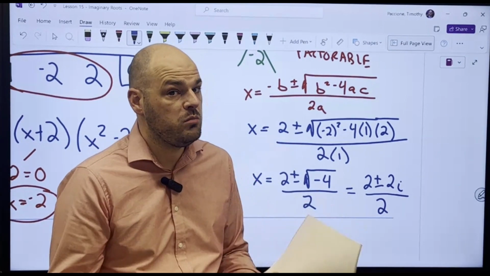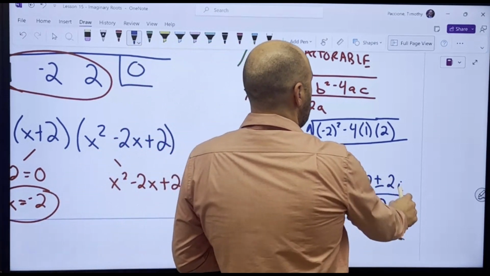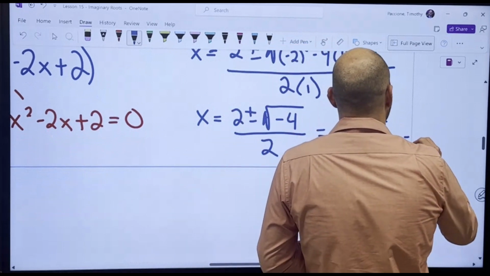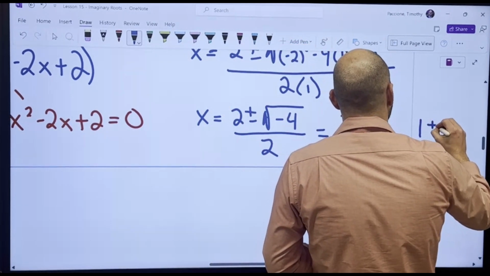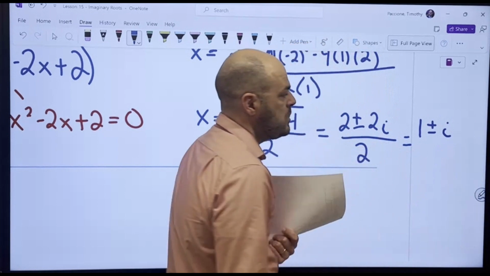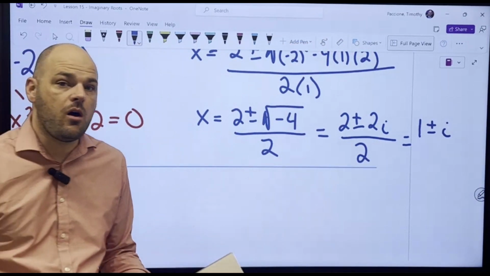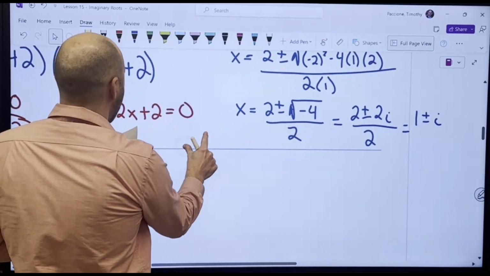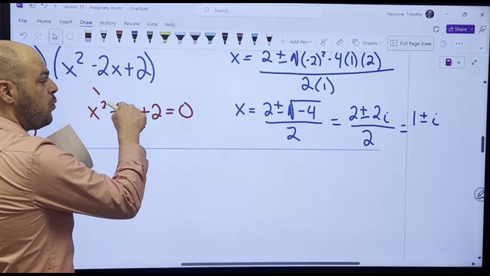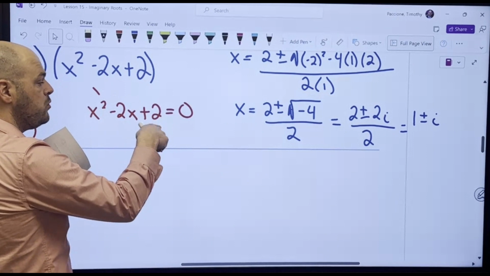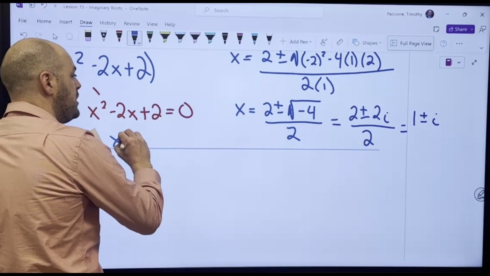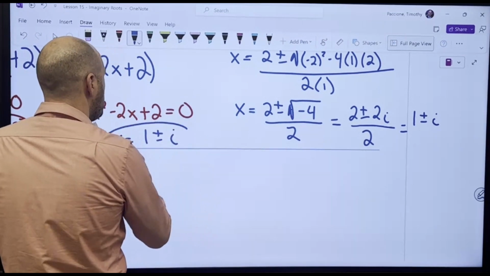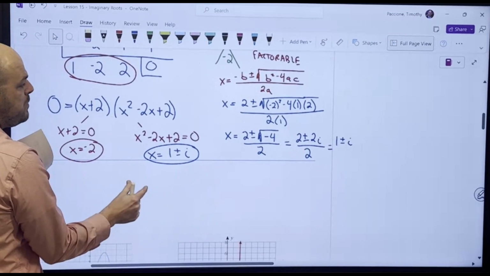So that's 2 plus or minus 2i. Now, this is 2 plus or minus 2i divided by 2, so we can actually do that division, and we end up with 1 plus or minus i. So it turns out our other two roots are indeed imaginary. So coming back to what we were trying to figure out, the x value that makes this true is x equals 1 plus or minus i. And those are our other two roots, right?